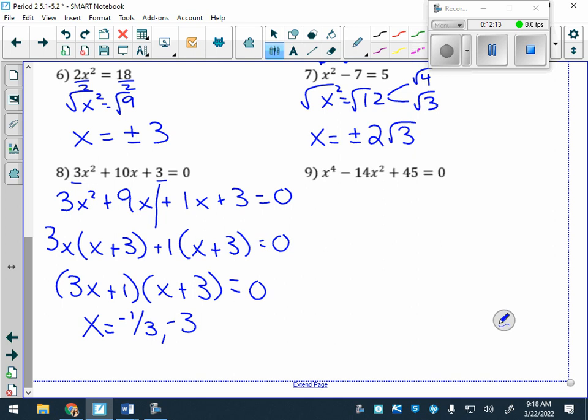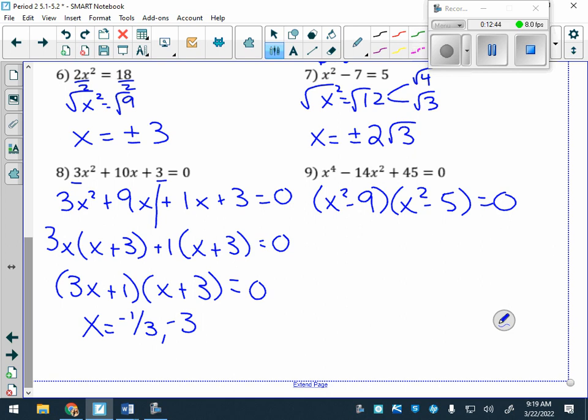All right. Number 9. Go ahead, Pearson. Excellent. Okay, so we just have quadratic form here, meaning our exponents are doubled. So we have x squared minus 9, x squared minus 5. And from here, you could set each of those equal to 0.